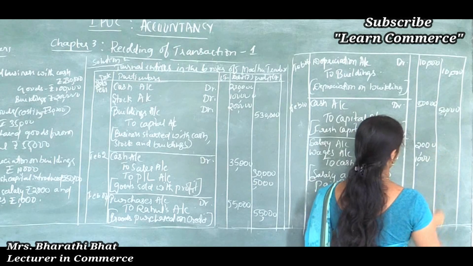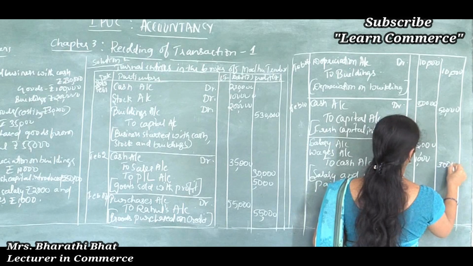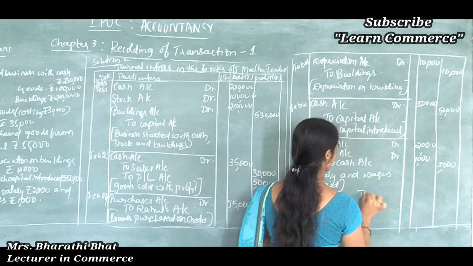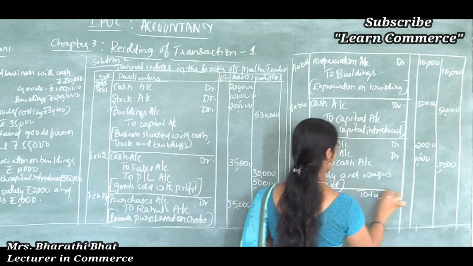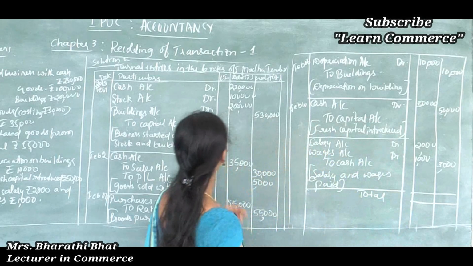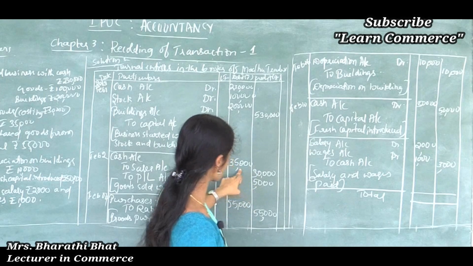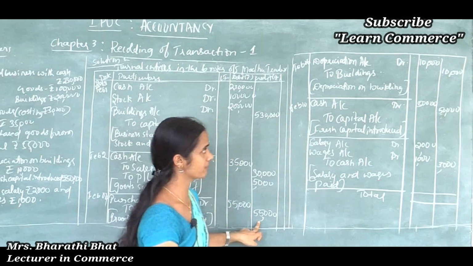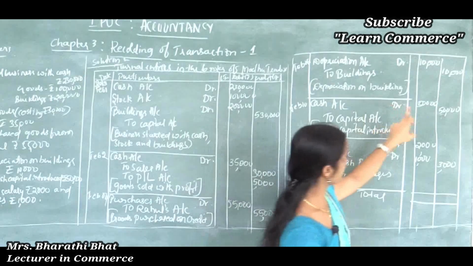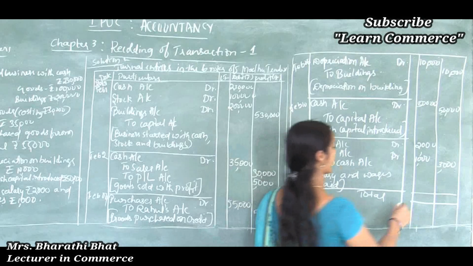Debit amount must equal credit, so 3,000. Then we need to total this. 5,30,000 plus 35,000 is 5,65,000, plus 55,000 and 10,000, 50,000 and again 3,000. So 6 lakh.